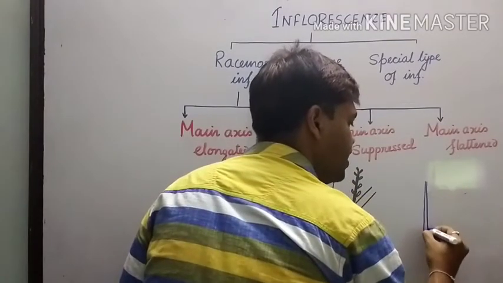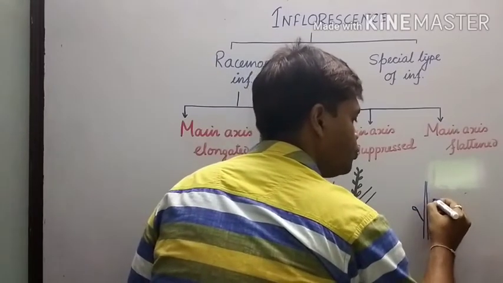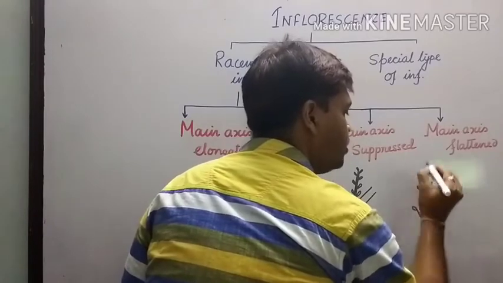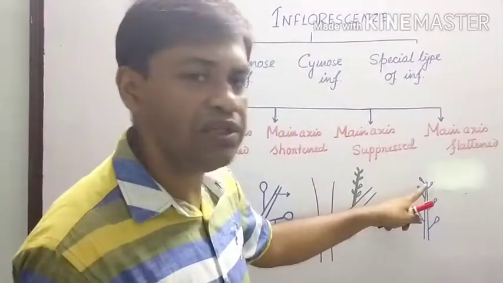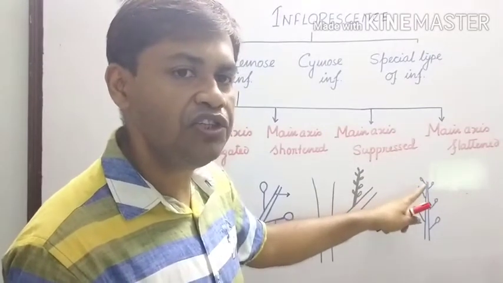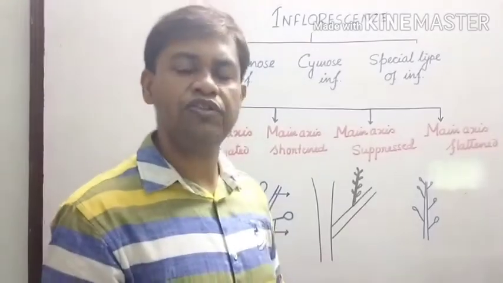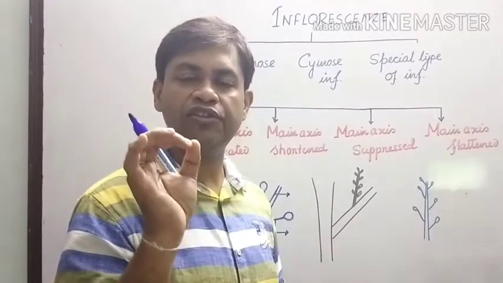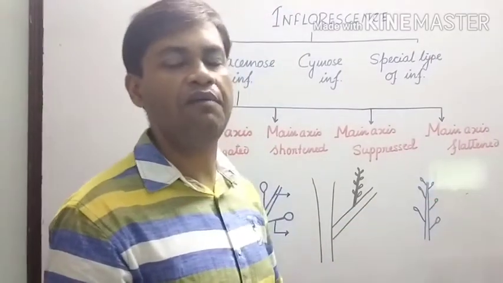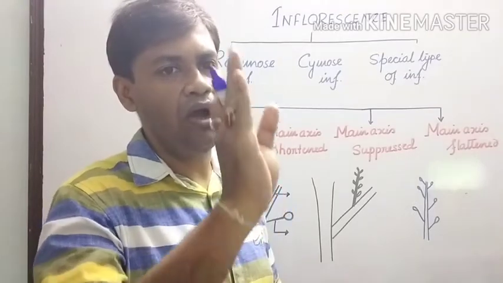Racemose inflorescence is that type of inflorescence which seldom, kadachit, okay, seldom stops. The growing point does not stop by the production of a flower. মানে এদের growing point এর মধ্যে কোনো flower develop করে না, rather it continuously goes on elongating.